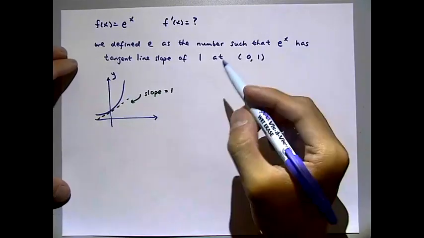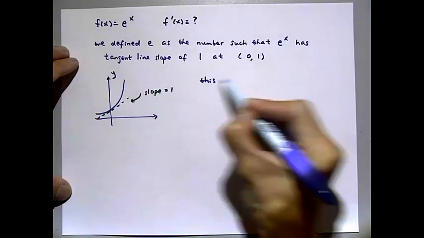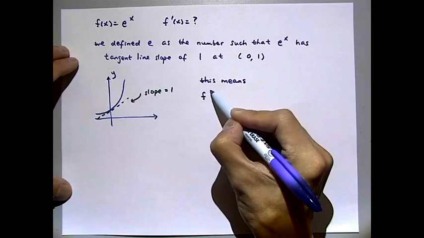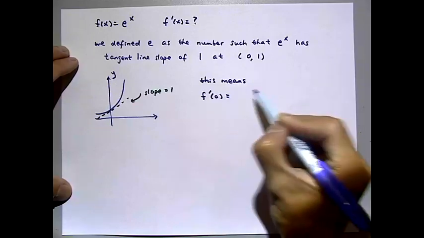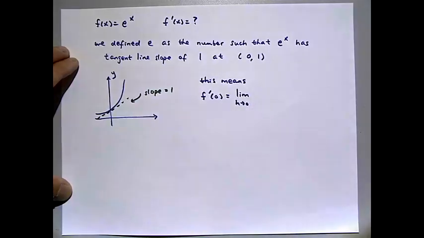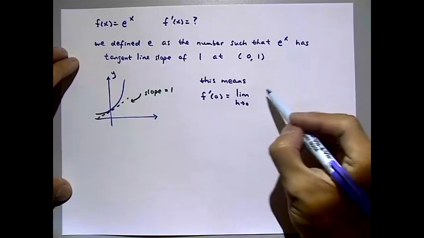So what this means is that f prime of 0, and this will be the last time we do this limit thing in class, I promise. No, wait, I lied. We'll use it a few more times, but it won't be very often, I promise.